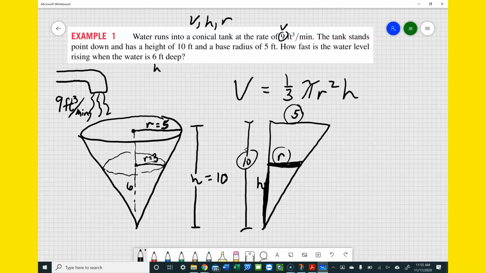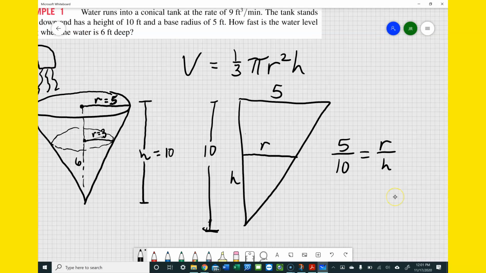I can say 5 is to 10, just as r is to h. So the radius at the top compared to the height at the top is going to be proportional to the radius at any height, the radius at any moment to that height at that moment. So from here, 5 is to 10 as r is to h. We cross multiply. 5h equals 10r.